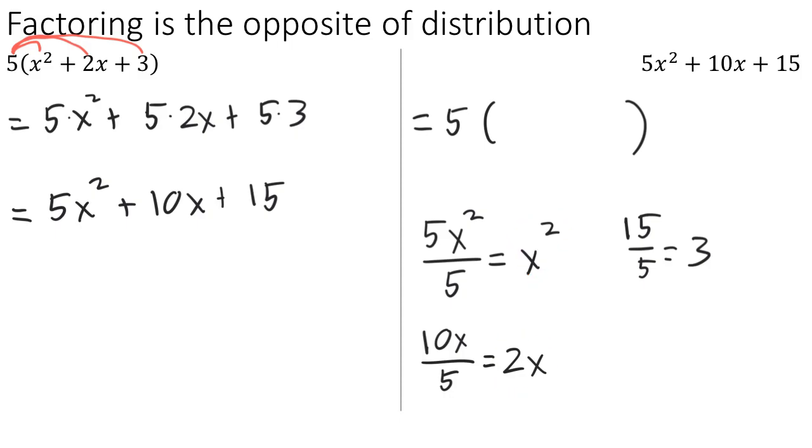These are the 3 terms that are left over inside of our parentheses. X squared plus 2x plus 3. Notice that we ended up at the exact same place where we started on the left-hand side. So factoring and distribution really are opposite operations.